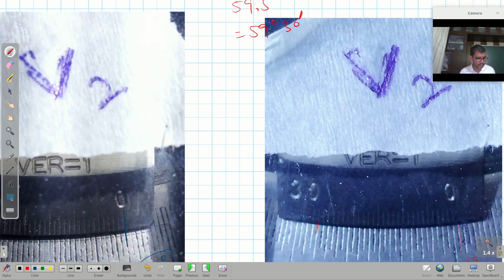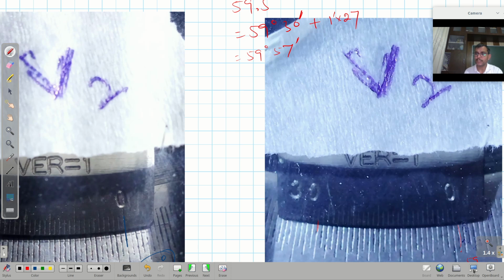This is the 30th division, so before this it is 1 2 3 4, so 25 26 27th division is the most coinciding division. So plus least count 1 minute into 27, its value will be 59 degree 57 minute.